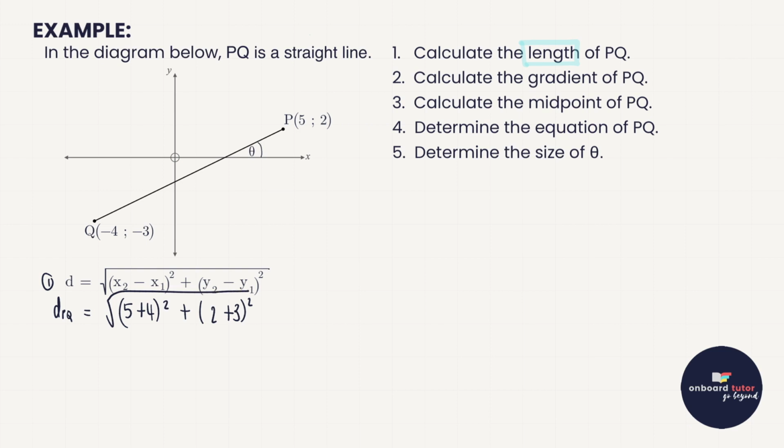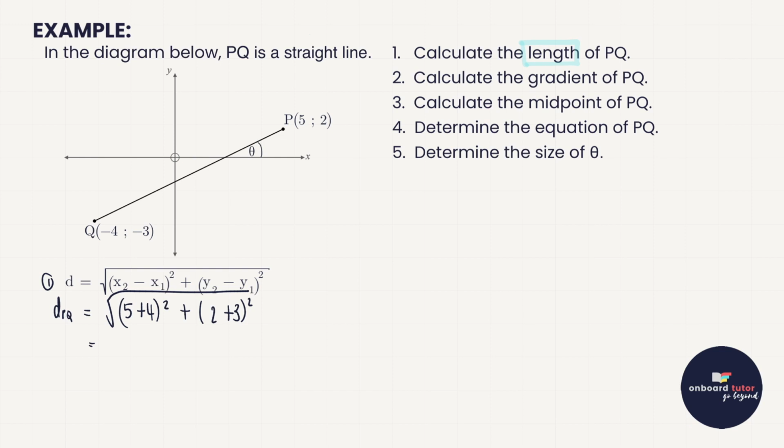There we go. And once I'm at that point, I can really just pop that into my calculator and get an answer. So it's 5 plus 4 squared plus 2 plus 3 squared. And that gives us 106 inside of that root there. And so the answer there is the square root of 106.